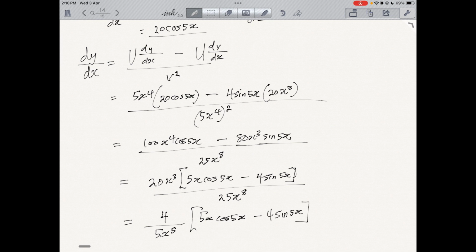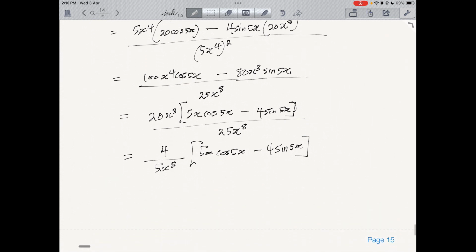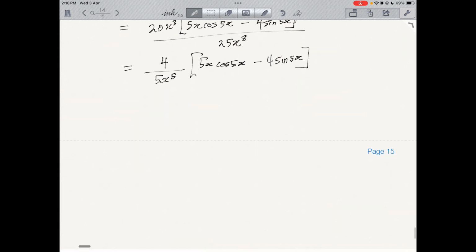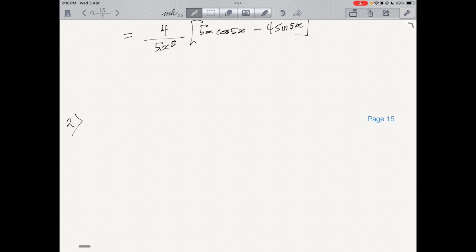Now let's take another example. Number 2, given y is equal to 5x divided by 2x squared plus 4, we should evaluate dy/dx.